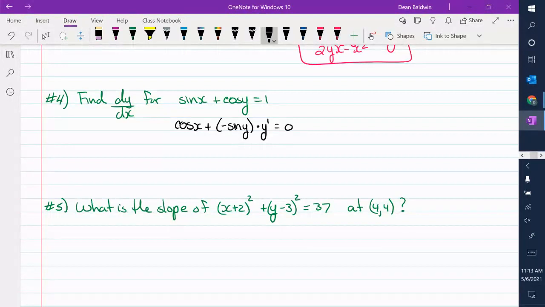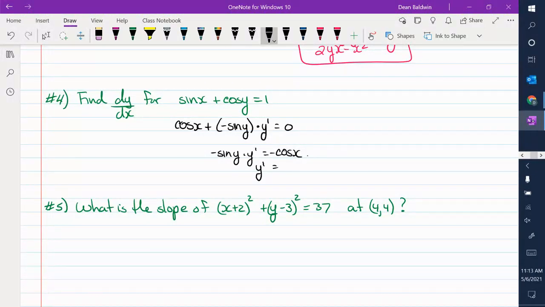Now you have to solve for y prime. So I'll move the cosine over. So I get negative sine of y times y prime is equal to negative cos of x. And then I divide off the negative sine y.